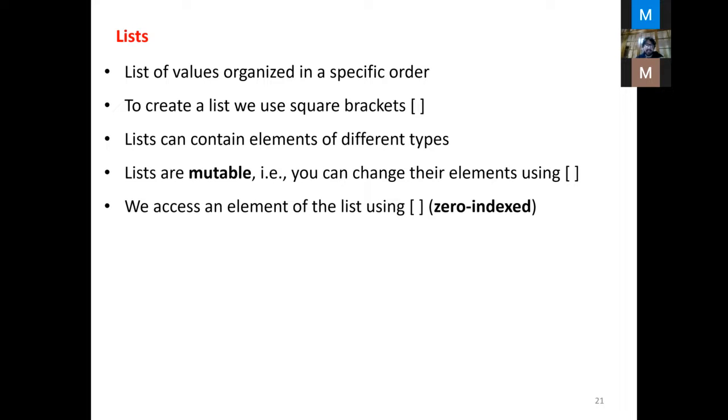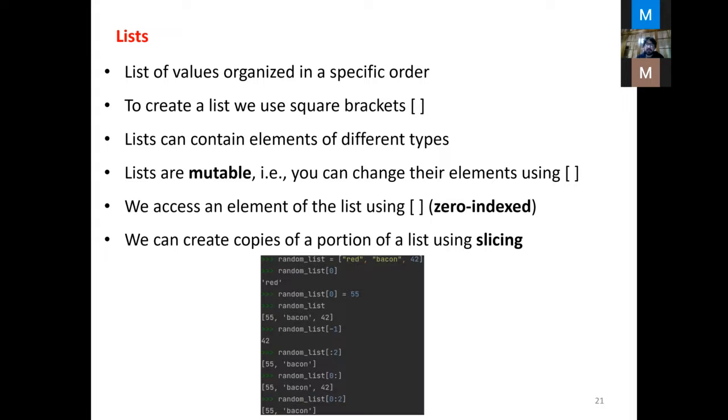And they are zero indexed, which means that the first element is 0. Unlike, for example, MATLAB, where the first element is 1, and if you try to look for element 0 in MATLAB, it's going to throw an error because it needs to be a non-zero integer. And then we can create copies of a portion of a list using something that we call slicing. So now let's try this small example.